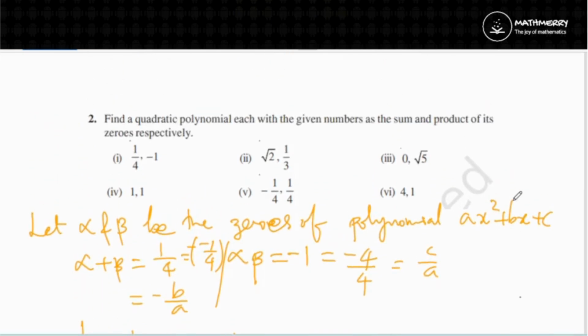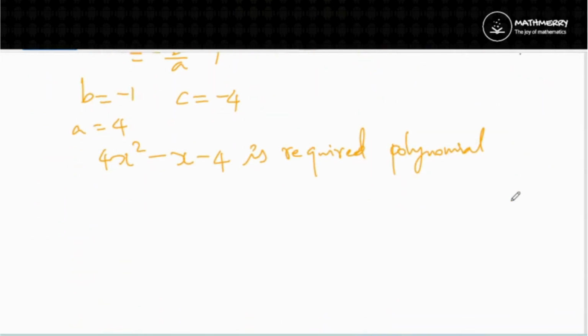So next is root 2 and 1 by 3. So for root 2 and 1 by 3, same, you have to repeat the same sentences that let alpha and beta be the zeros of the polynomial ax square plus bx plus c.